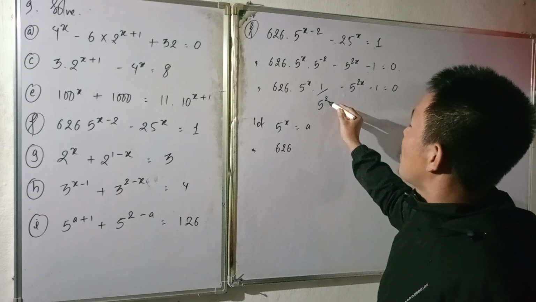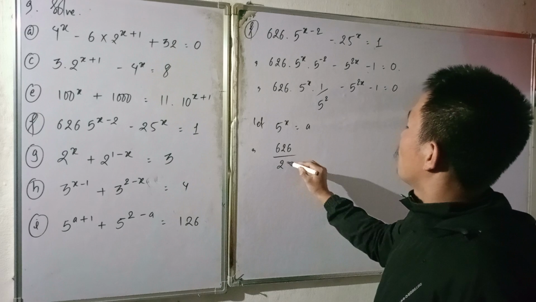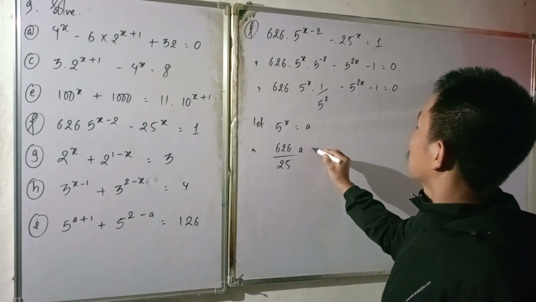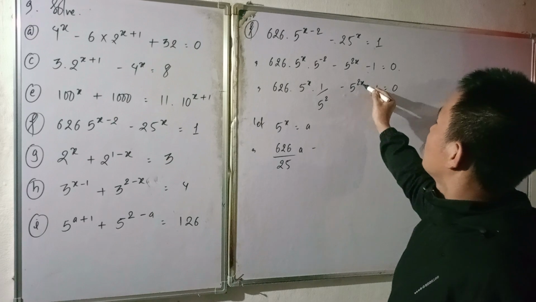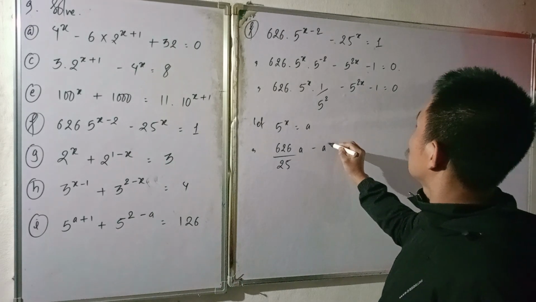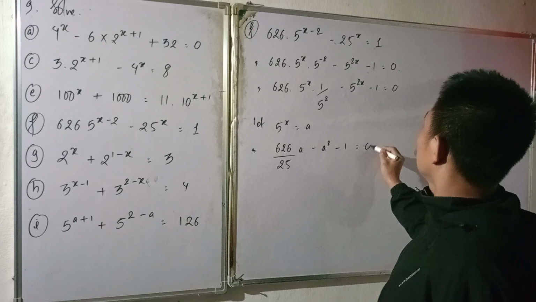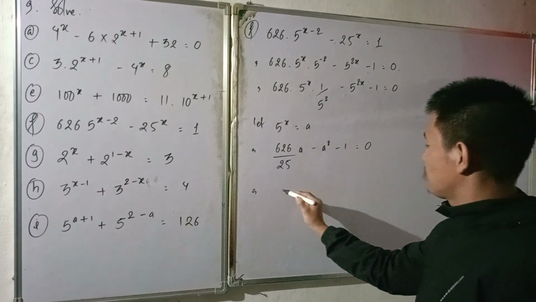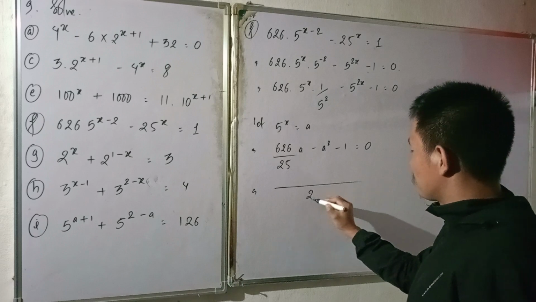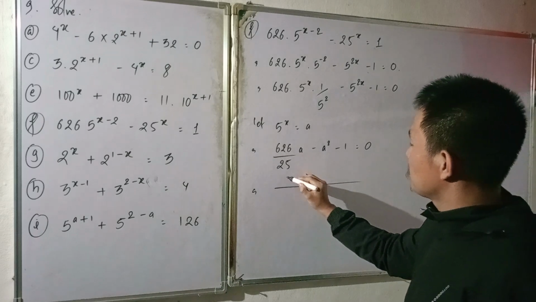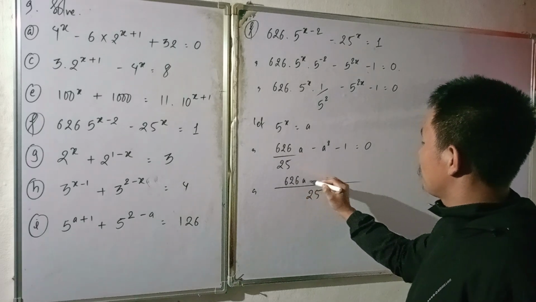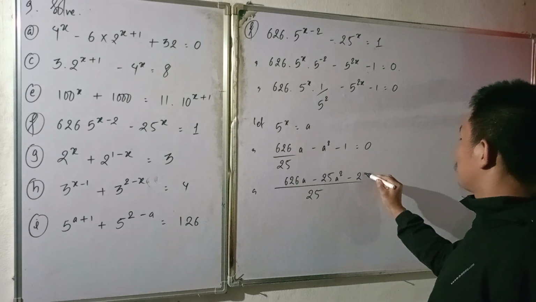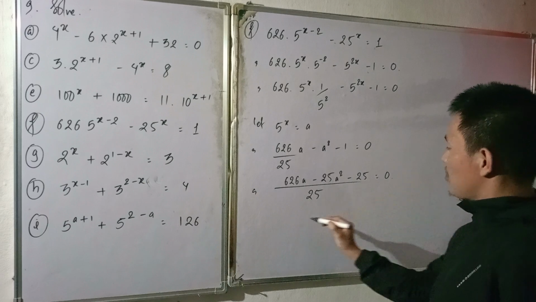Now 5 square can be written as 25 here, and 5 power x can be replaced by a. Now 5 power 2x can be written as a square, minus 1 equals to 0. Now we just take the 25 LCM. While you take the 25 LCM, this becomes 626a minus 25a squared minus 25 equals to 0.